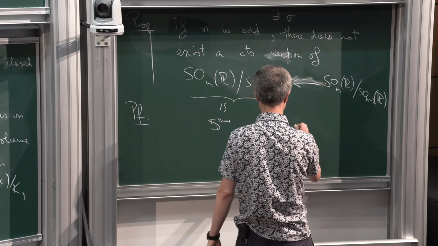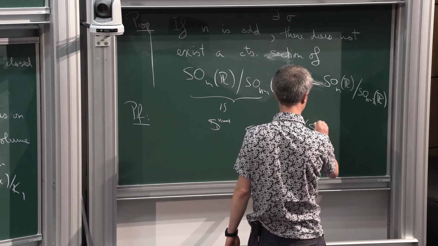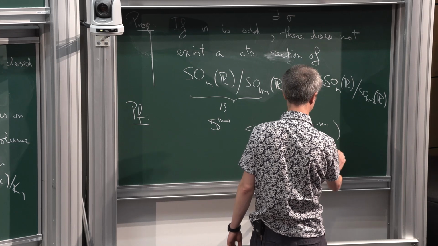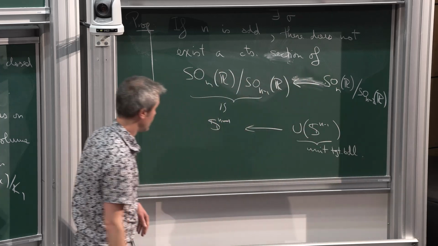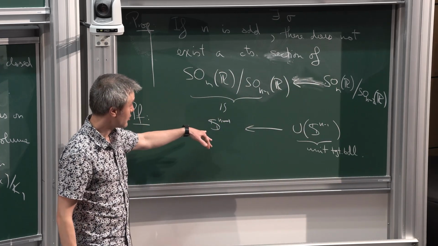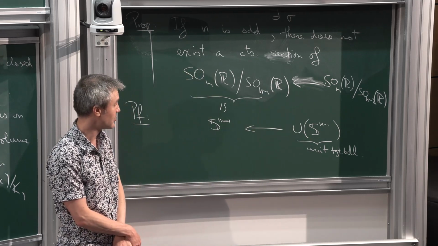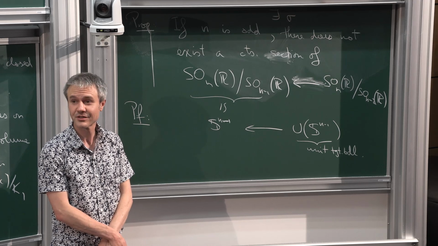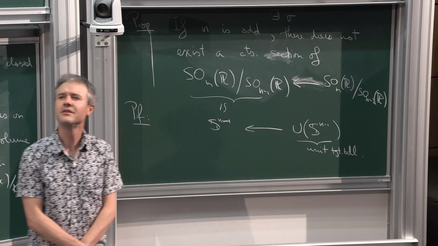This is the unit tangent bundle of S^(n-1). And so I claim that there's no continuous map the other way, no section. So why is that? If n is odd?